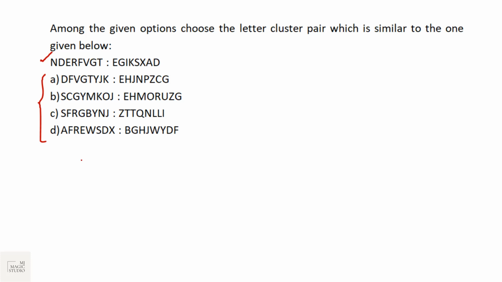Normally, whenever I see a letter cluster, I tend to assign them numbers. We know that in the English alphabet, A stands for 1 till Z stands for 26. That is the number pattern we use.